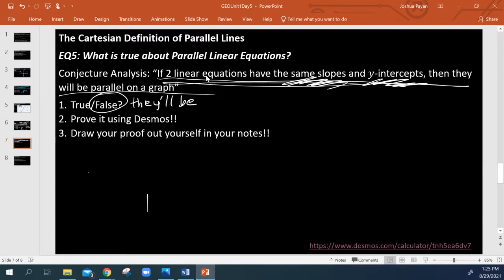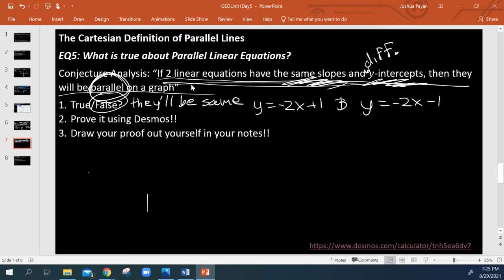They'll be the same equation. But if they have the same slope and a different y-intercept, like y equals negative 2x plus 1 and y equals negative 2x minus 1, then they will be parallel. They'll never intersect.